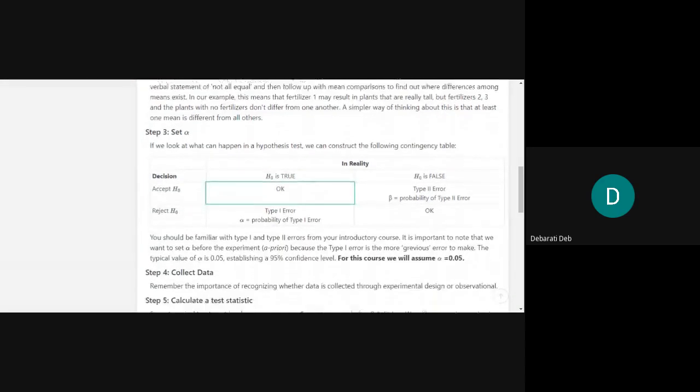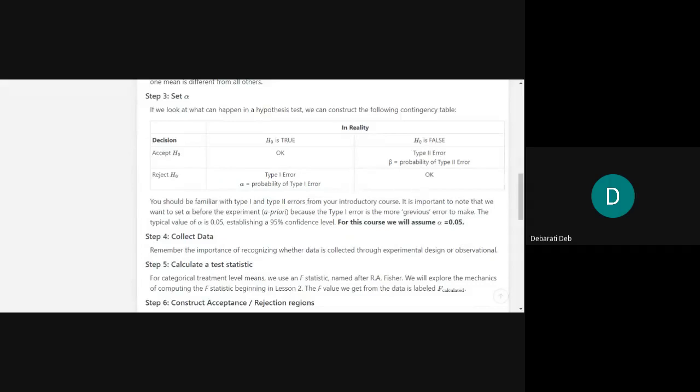Then we did setting up the level of significance. When you take the level of significance to be 0.05, it means you have 95% confidence that your answer is correct, and if you select 0.01, then it is a 99% confidence level that your answer is correct.